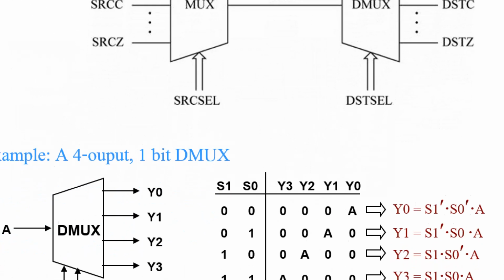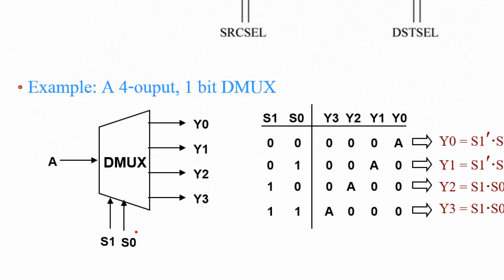You can select the position or address of the output that you want the input to go to. For example, if S1, S0 is 0, 0, data input from here will go to here. If S1, S0 is 1, 1, the input will go to this output.